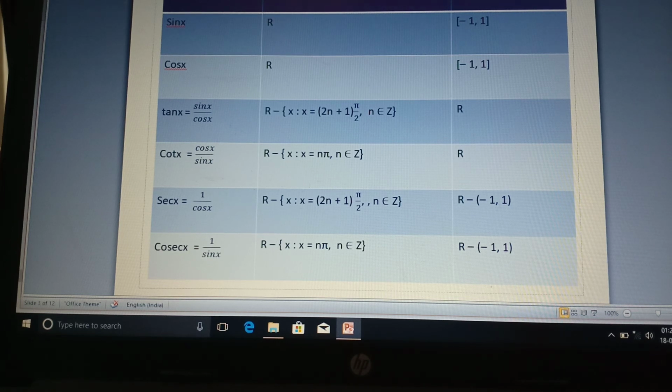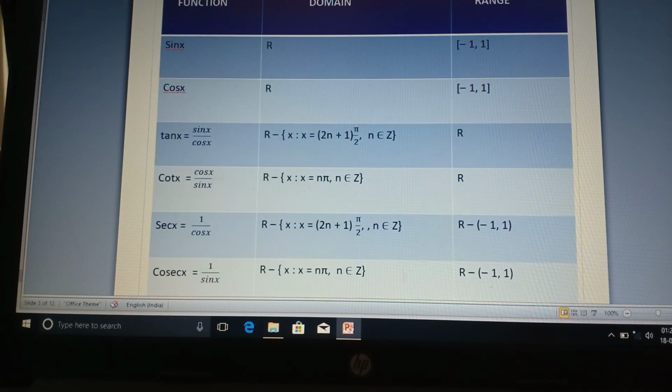Here there is a table of domain and range of the trigonometric functions. You can see in the table the domain of sine is R, the real numbers, and its range is -1 to 1, and the domain of cos is R and its range is -1 to 1.